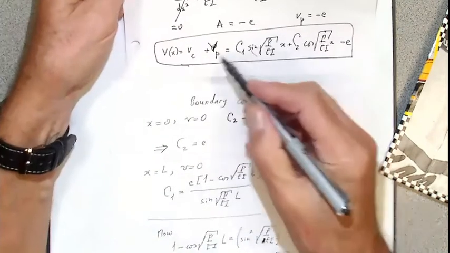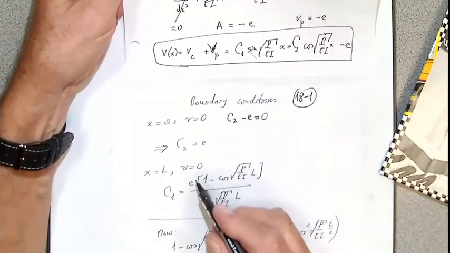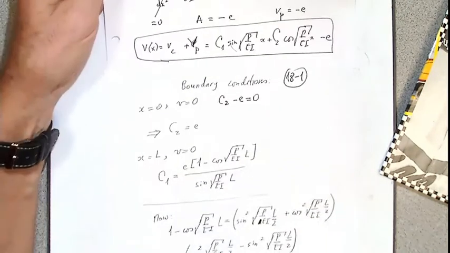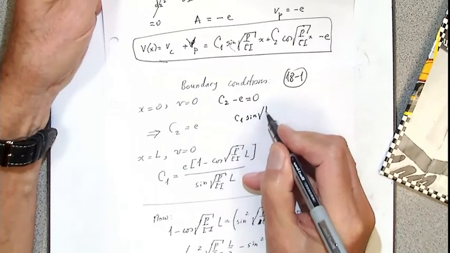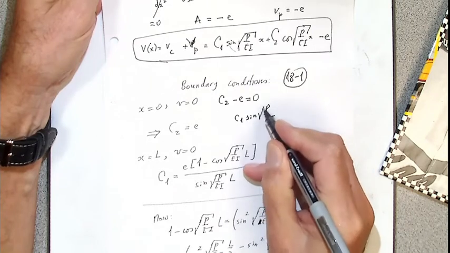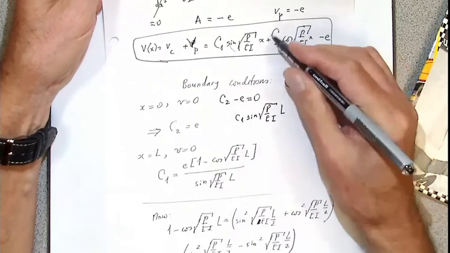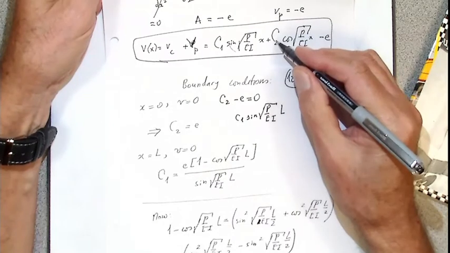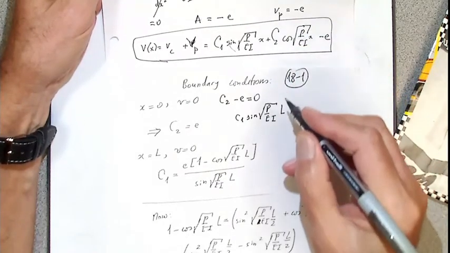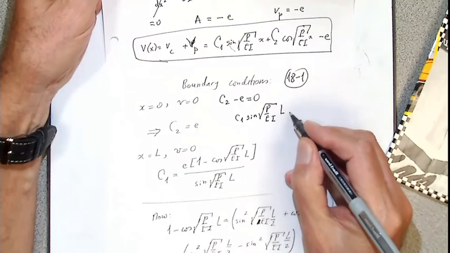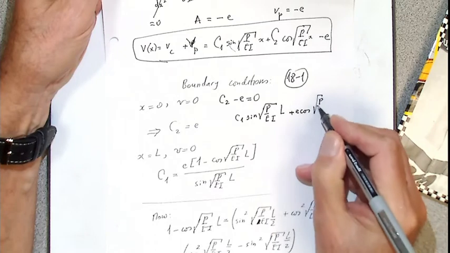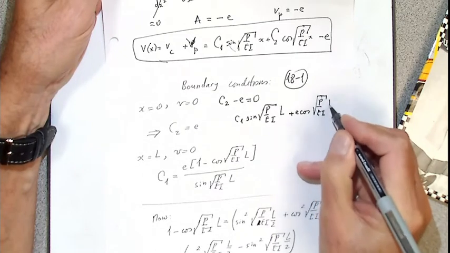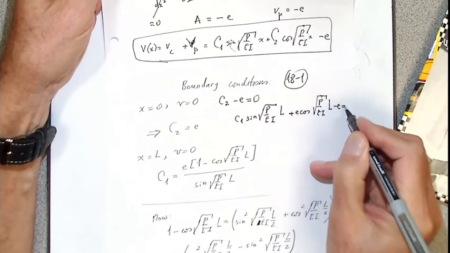Now, when x equals L, then displacement is 0. So this gives me, look please, C1 sine of square root of P over EI L. This guy is 0. This guy C2 equals my e. So that is plus e cosine of square root of P over EI L minus e equals 0.